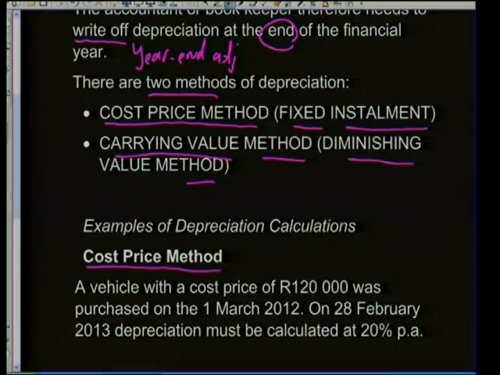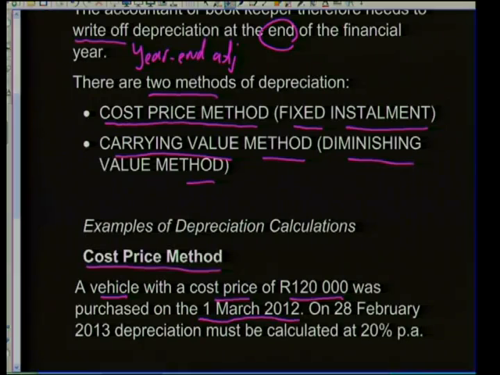Right, let's look at the details given to us, and then we'll do the actual calculation. A vehicle with a cost price of 120,000 Rand was purchased on the 1st of March 2012.